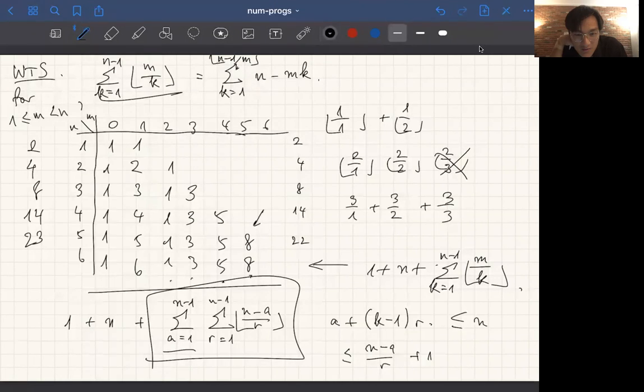N minus a goes from 1 to n minus 1. I actually think this is it. N minus a does go from 1 to n minus 1, right? When a is 1, it's n minus 1. No, we're done. We can replace n minus a. That's it. So we've proven it.